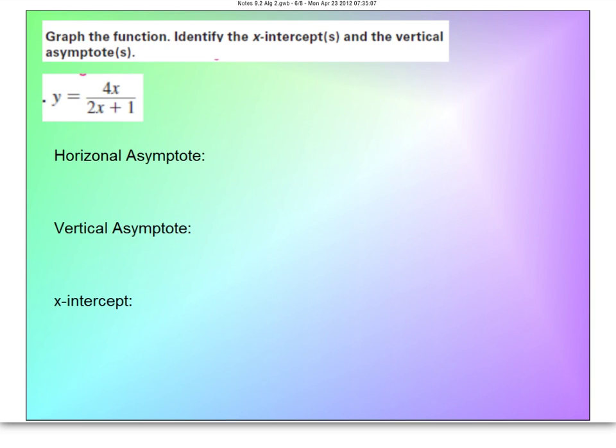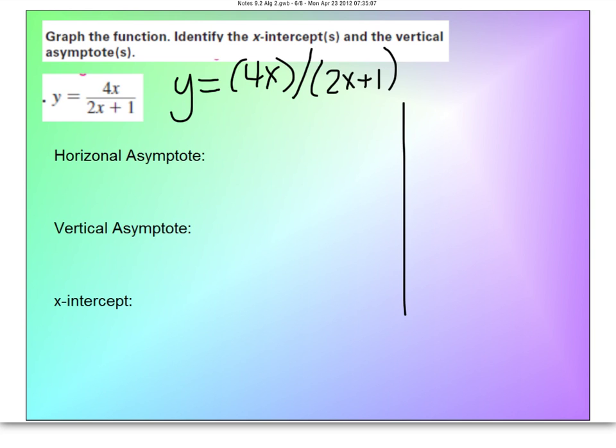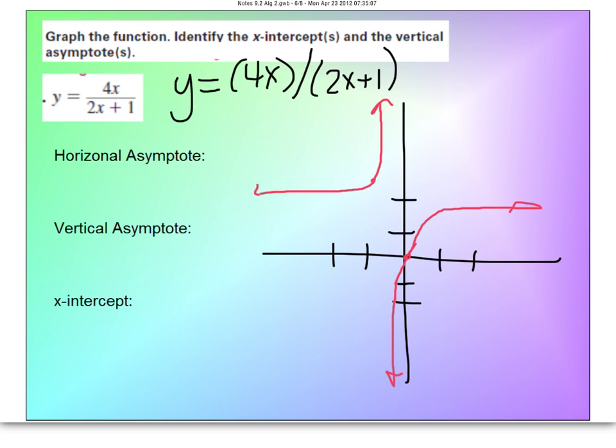Now let's have you type this one in the calculator. Be careful. You're going to type y equals as your format, but in parentheses 4x, then your division sign, in parentheses 2x plus 1. When you do that, you're going to end up getting this graph. It'll look something like this. Now this does have a horizontal and vertical asymptote.